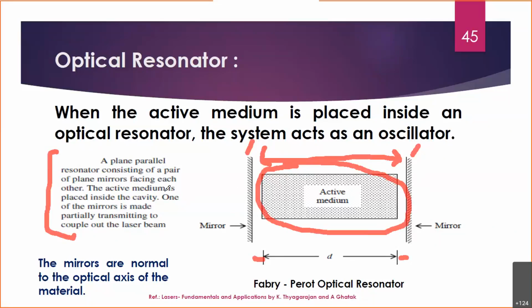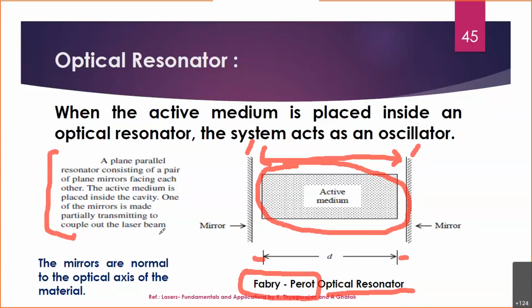It was given by the scientists Fabry and Perot. They gave this arrangement, so in their names we know this as the Fabry-Perot optical resonator, or you can simply call it an optical resonator. Both are the same, but it depends on how we represent it. Since the scientists created this setup, we also know it as the Fabry-Perot optical resonator.